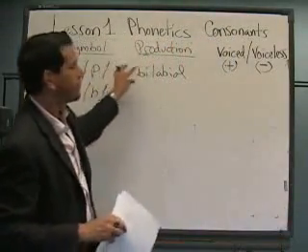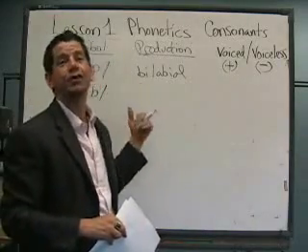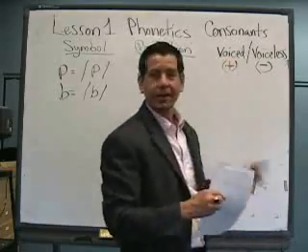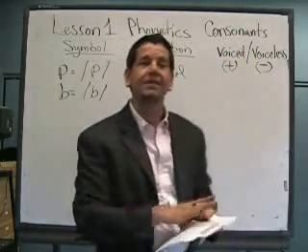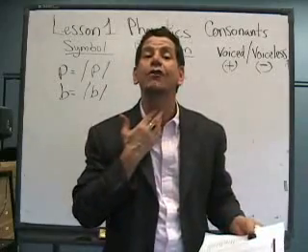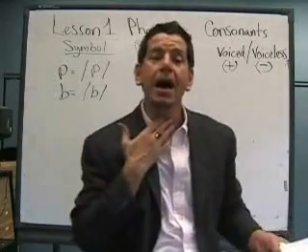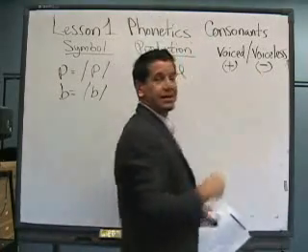So they are both produced the same way. They're actually counterparts. If you can make pa, you can make ba. The only difference is voicing. Voiced or voiceless consonants. So a voiced consonant we can feel here in our voice box. It vibrates. Pa does not vibrate, so we consider that voiceless.